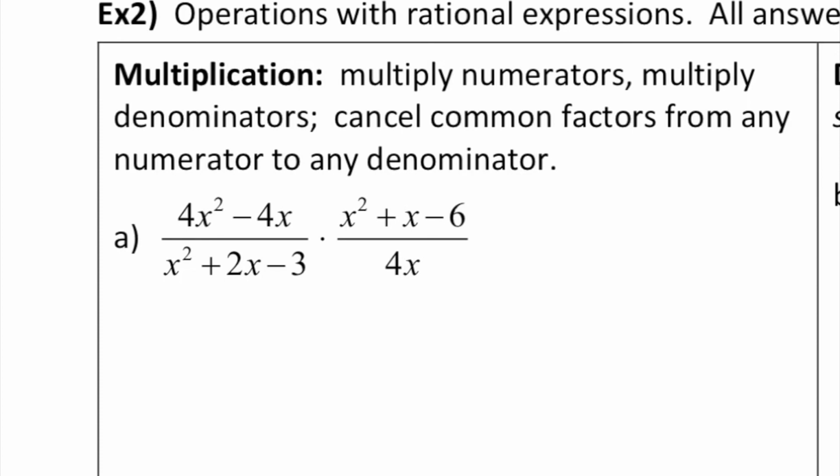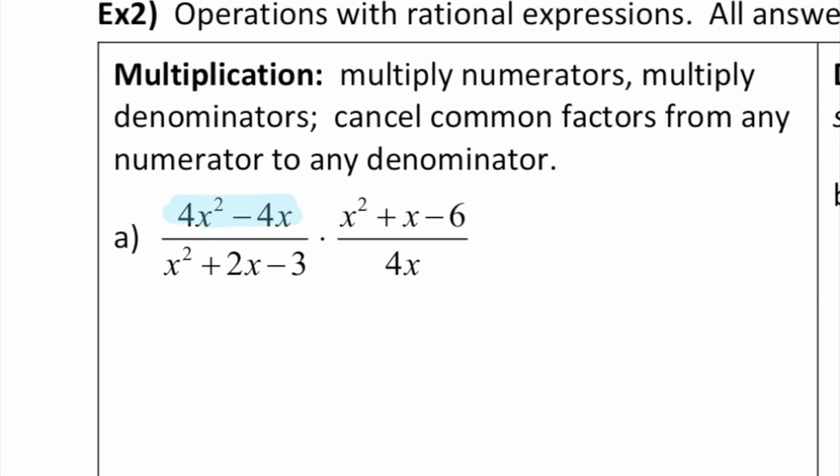For all four of these operations with rational expressions, you absolutely have to start by factoring any of the expressions that are in a numerator or denominator. So for myself, I go through each of these and I look at each numerator and denominator as separate objects first.